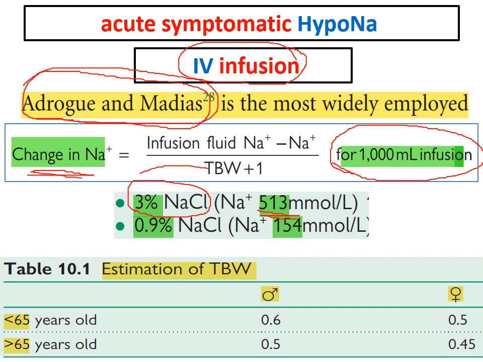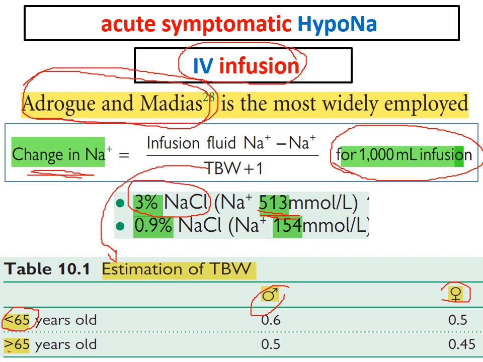From here, total body water is different in males from females. In patients less than 65 years of age, total body water represents around 60% of male patients' body weight, and in females it represents 50% of the body weight.